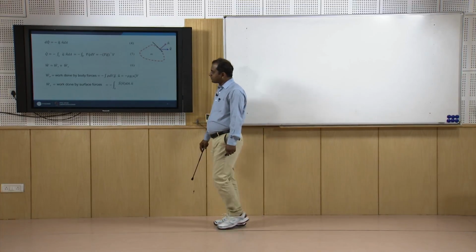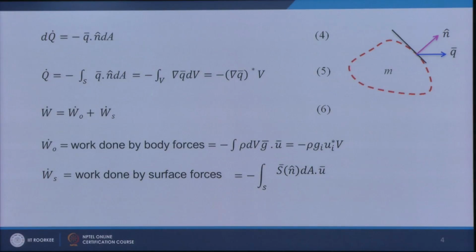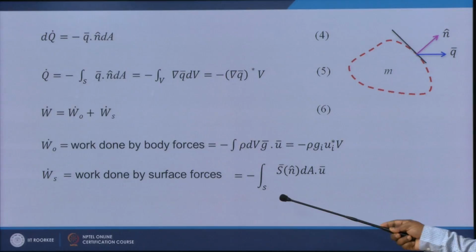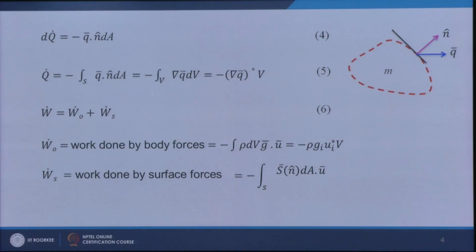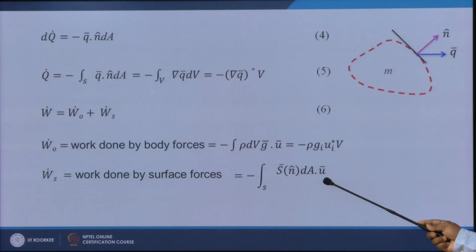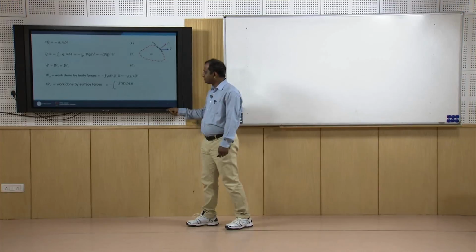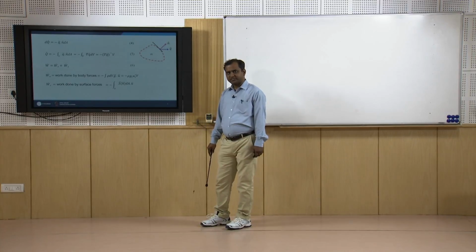What about surface forces? In the case of surface forces, W dot S, we can write it as the surface integral of S n cap, which is the surface stress vector, into dA dot u bar. This surface stress vector can also be expressed in terms of the stress tensor.